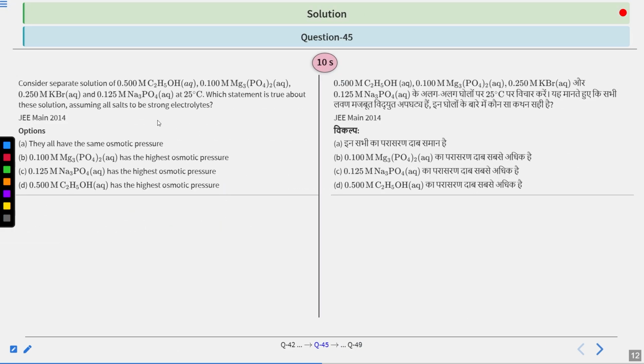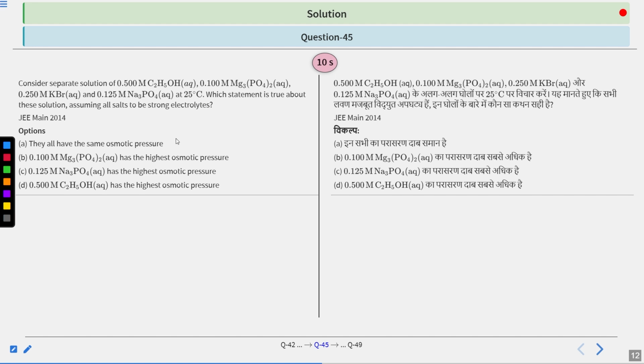Next question. Consider separate solutions of 0.500 molar C2H5OH aqueous, 0.100 molar Mg3(PO4)2 aqueous, 0.250 molar KBr aqueous, and 0.125 molar Na3PO4 at 25 degrees Celsius. Which statement is true about these solutions, assuming all salts to be strong electrolytes?